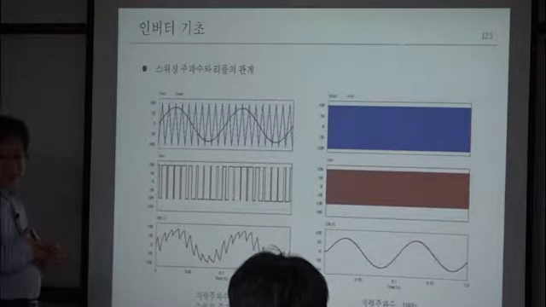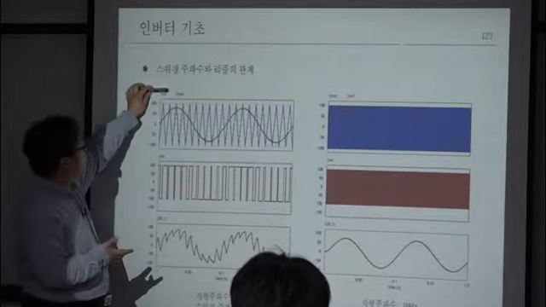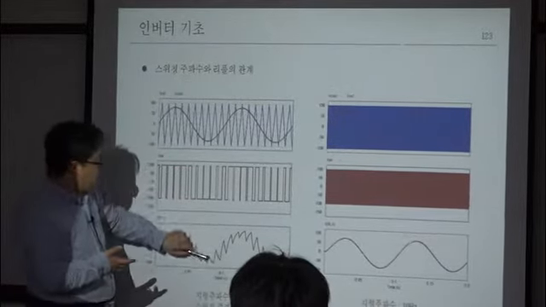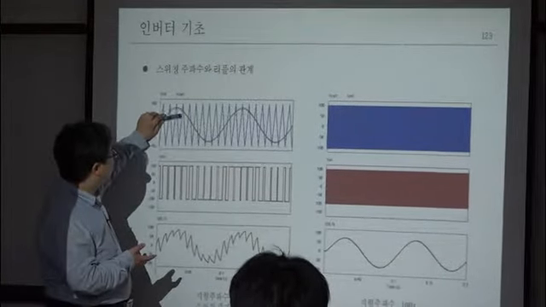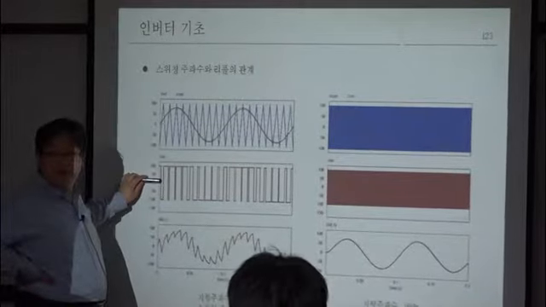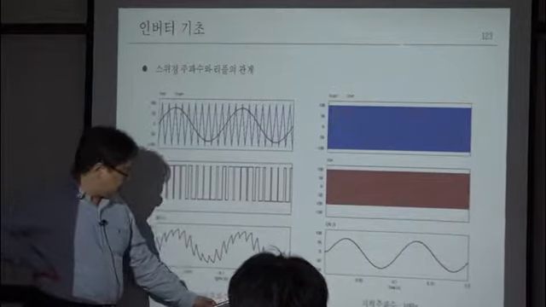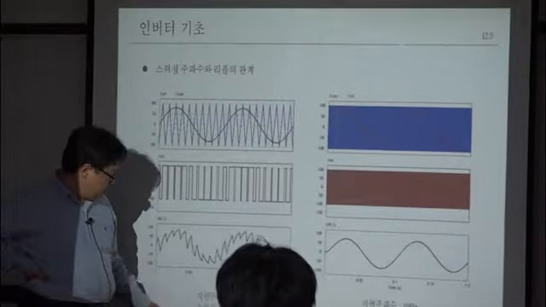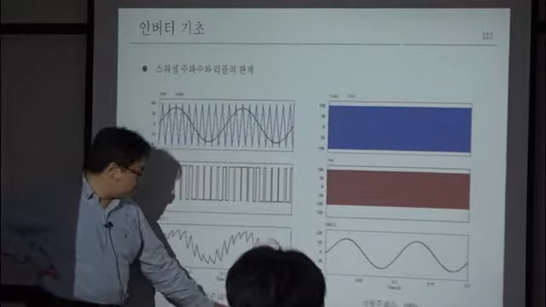Okay, and this figure shows the switching frequency and the current ripple here. Here, this is your carrier and reference, and this is your modulated waveform. In this case, your reference is, for example, 10 Hertz, and your switching frequency, the carrier frequency, is 100 Hertz.